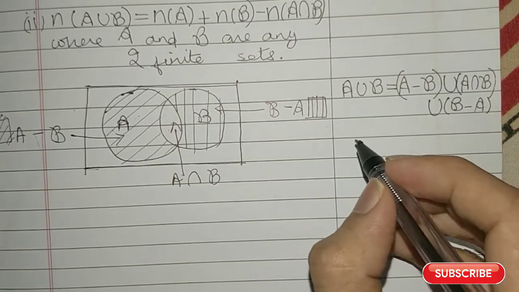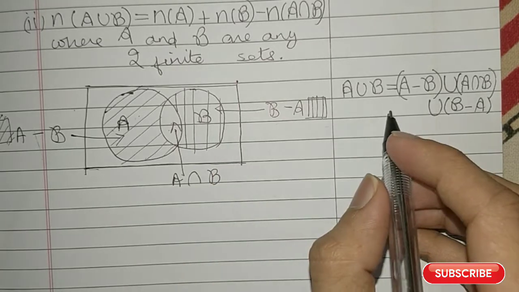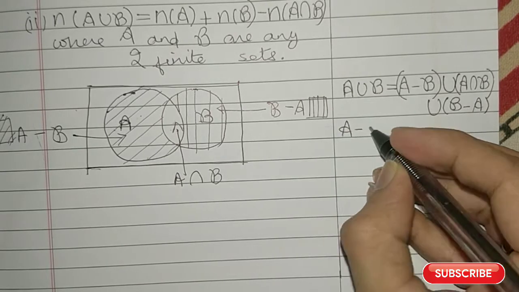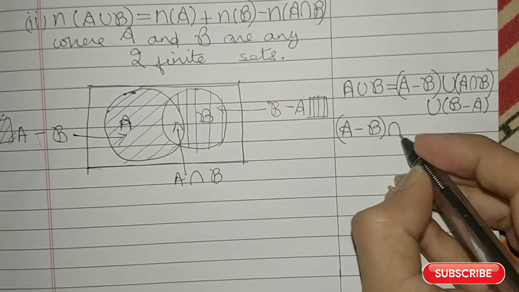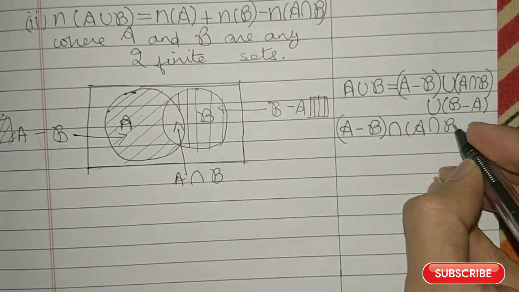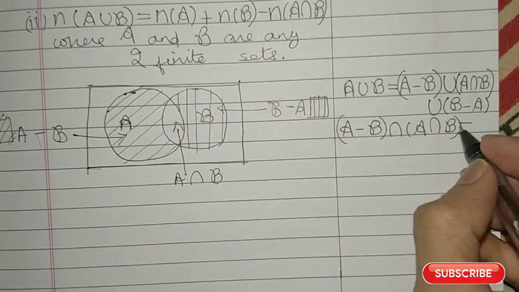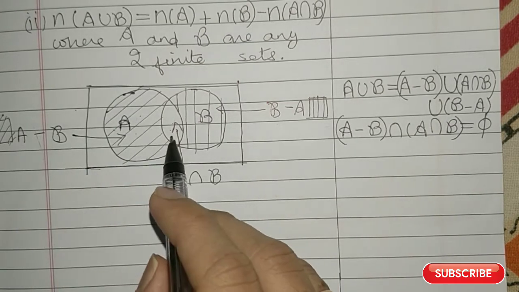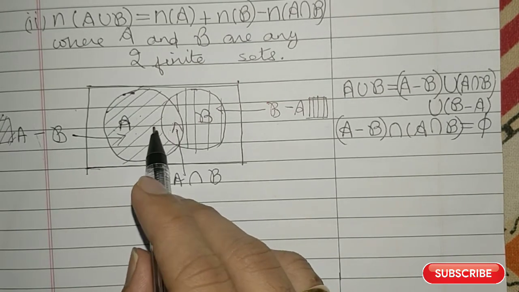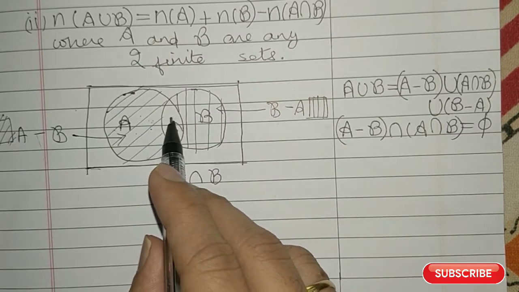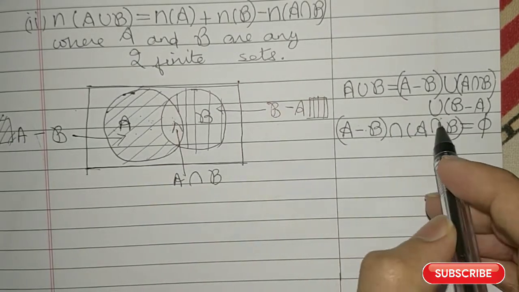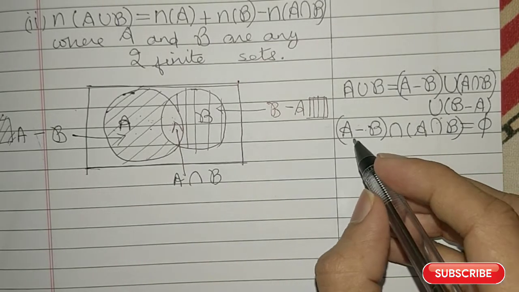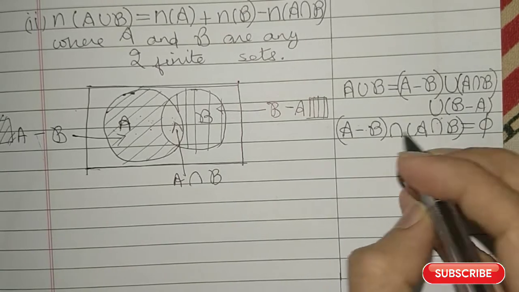So now there is one condition, there are two conditions actually. So A minus B and A intersection B are what? A minus B intersection A intersection B. You see that it is empty, right. There are no common elements between these two sets, right? So these two sets are disjoint. So A minus B intersection A intersection B is empty.